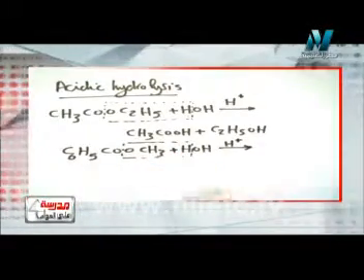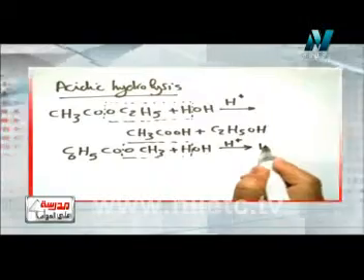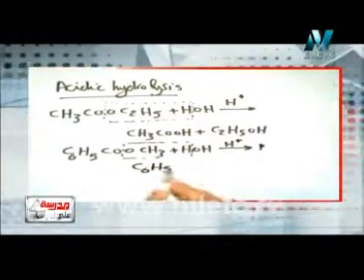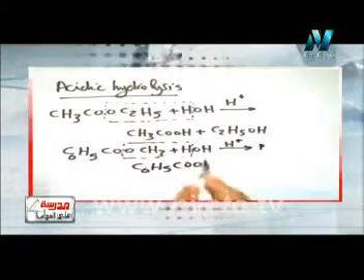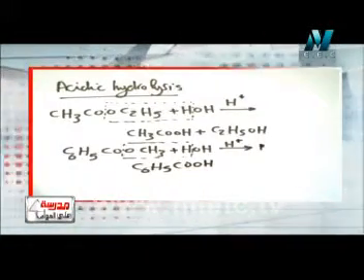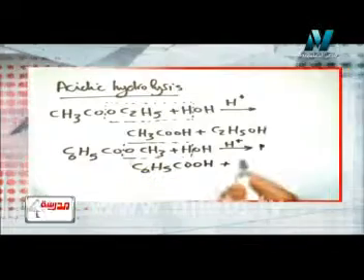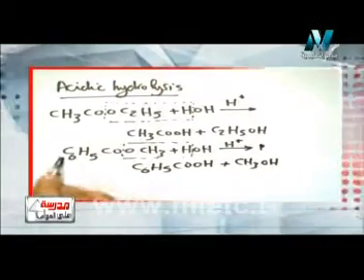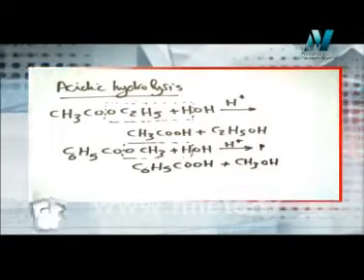It will be water plus ester, giving C6H5COOH, benzoic acid, plus CH3OH, methanol or methyl alcohol. This is methyl benzoate ester, and this is called acidic hydrolysis.